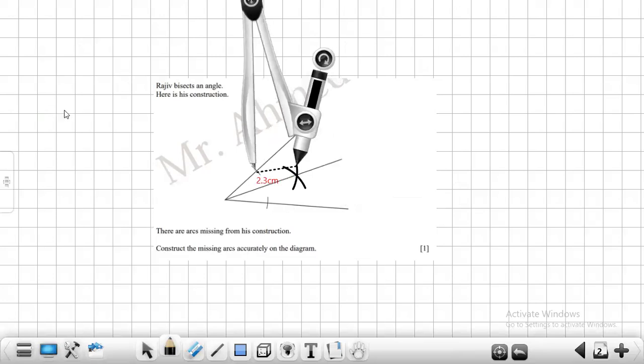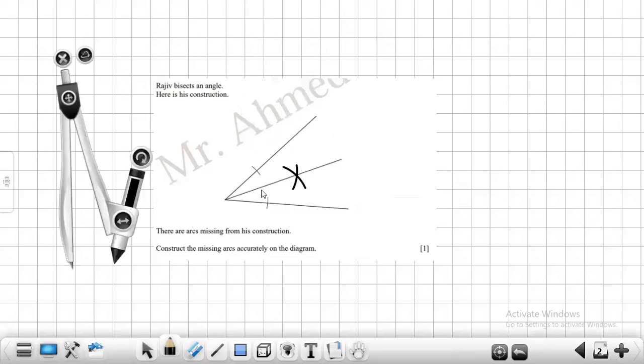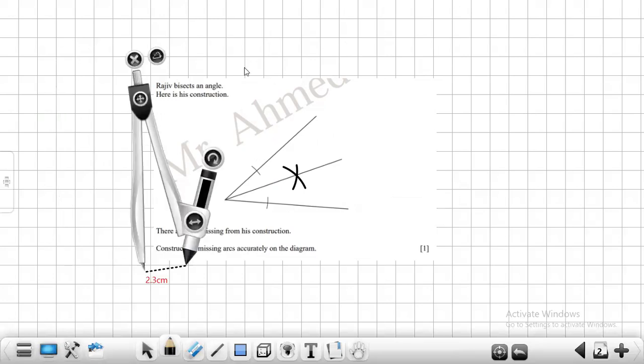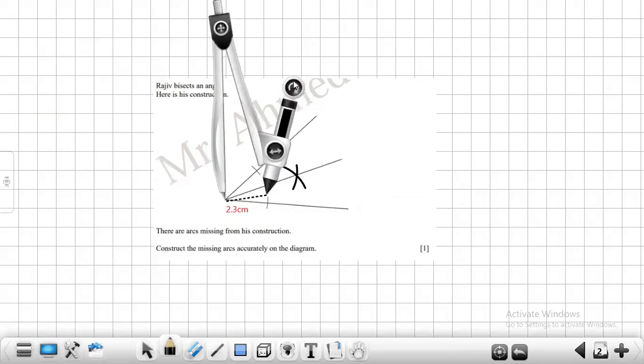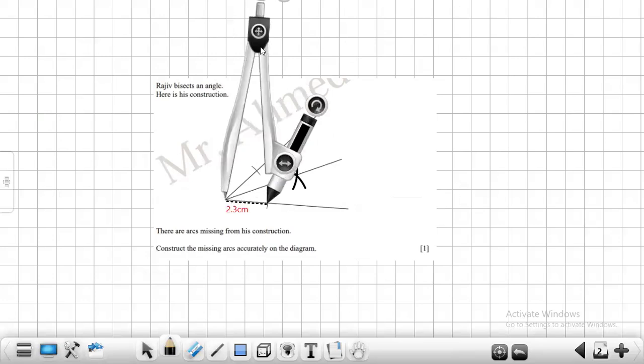These are the missing arcs. The point of intersection has been connected with the vertex. That's why we must use the arcs that are given. It will help us find how far or how long I should open my compasses. All right, that's it.